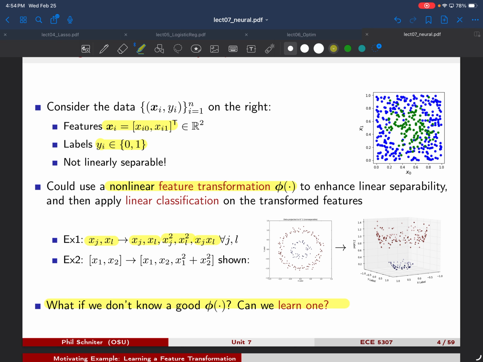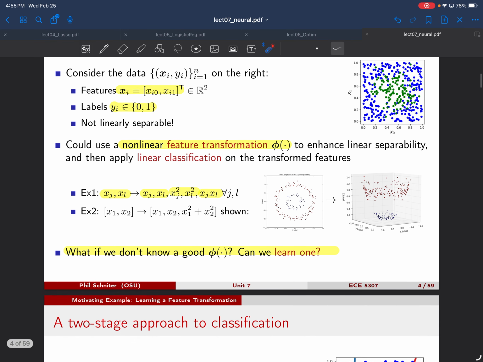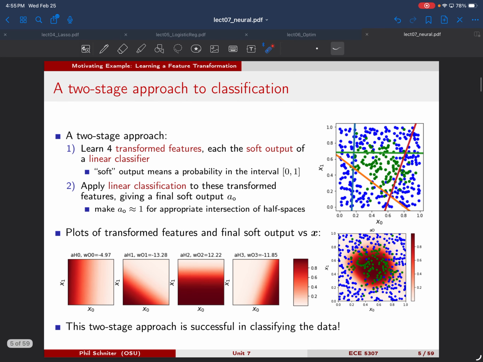Okay, so what we're going to do is start with a really simple idea, kind of a heuristic idea, to solve this data set. And as it turns out, this heuristic idea is one way to understand a very simple neural network. So this is the idea. We're going to have a two-stage approach.